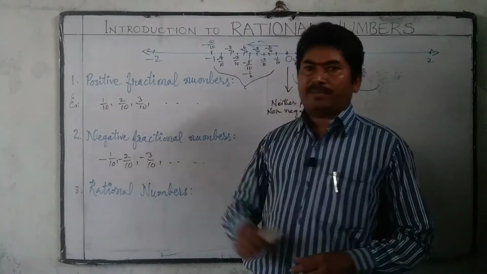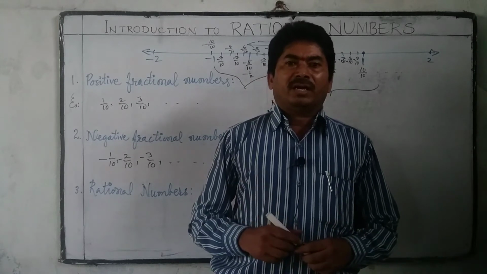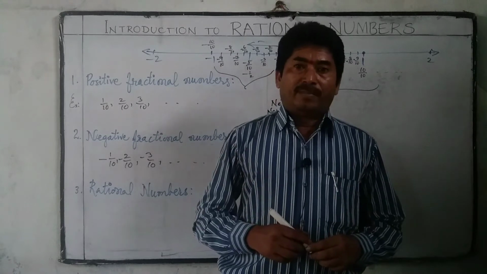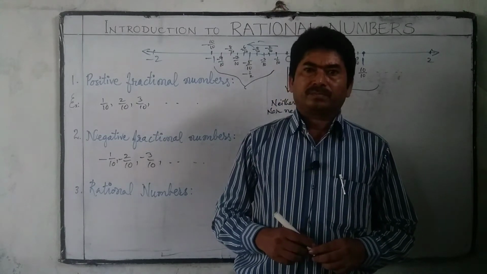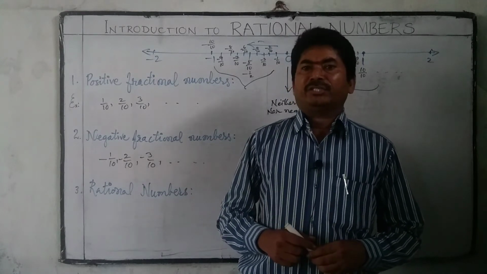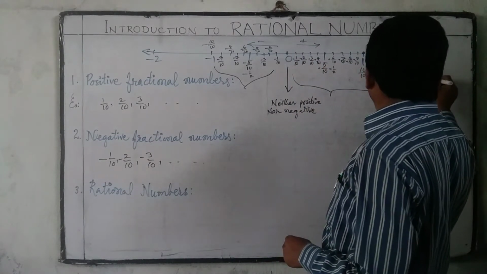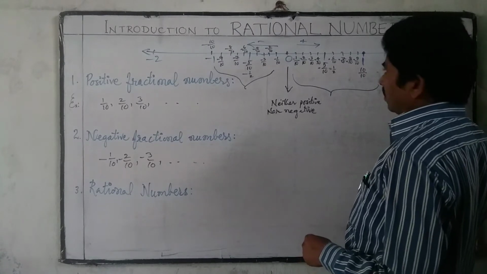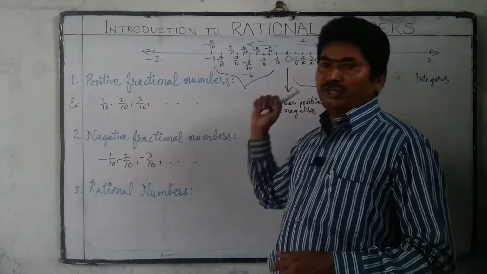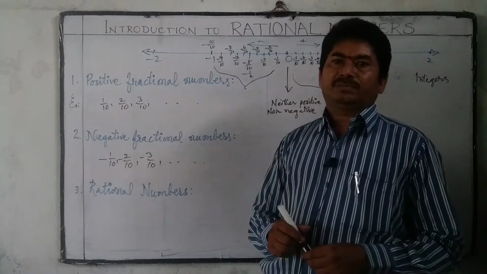Next, rational numbers. What are rational numbers? Rational numbers are a bigger collection of numbers which includes all integers, all positive fractional numbers and all negative fractional numbers.